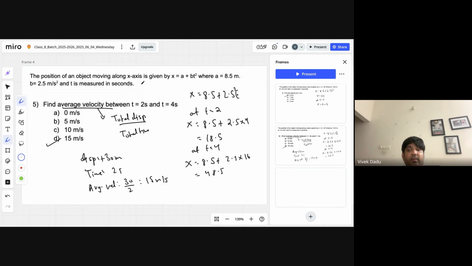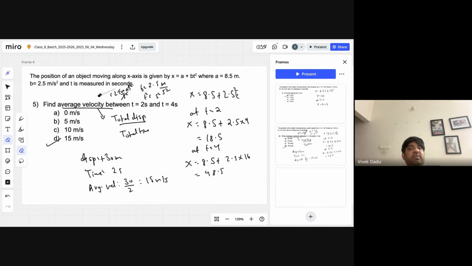Look, B is 2.5 meter by second square, right? T ka unit is seconds. T square ka unit is second square. But if BT square, now if they combine, it will be 2.5 meter per second square into second square. So if you don't take B ka unit as meter by second square, the BT square ka unit will not turn out to be meter.